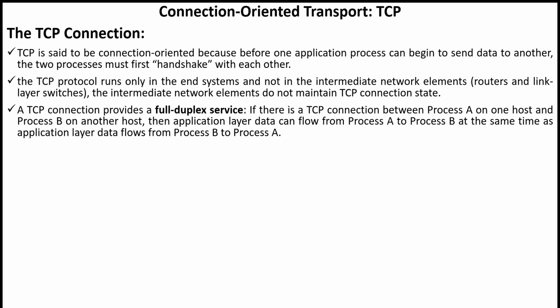If there is a TCP connection between process A on one host and process B on another host, then application layer data can flow from process A to process B. At the same time, application layer data flows from process B to process A.